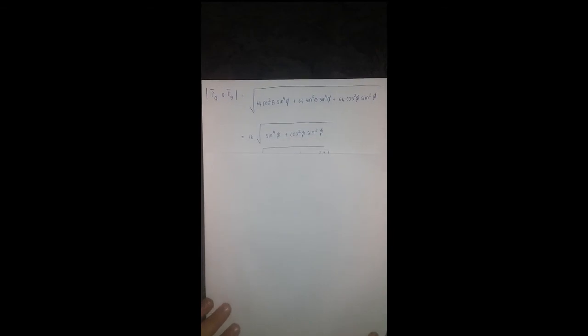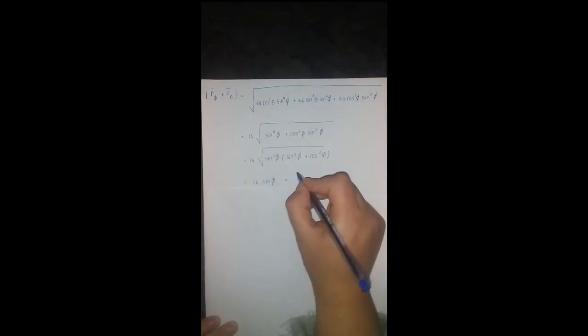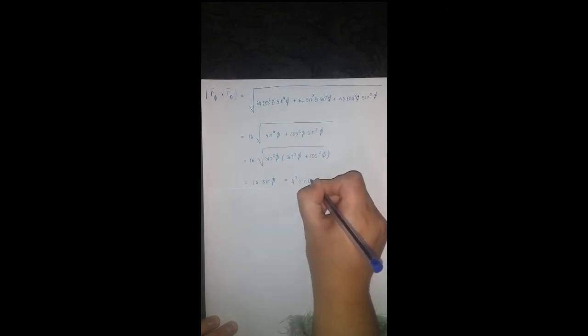These are the components that we get for our cross product. Now we want to get the magnitude of this cross product, which will just be the square root of all of this. And we will end up having 16 sine phi, which is equal to 4 squared sine phi, which also can maybe remind you of our integrating factor that we had for a sphere.